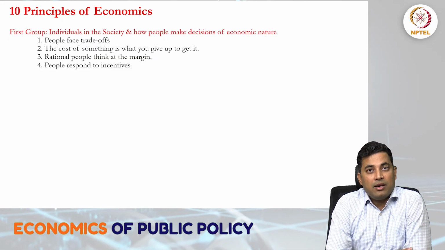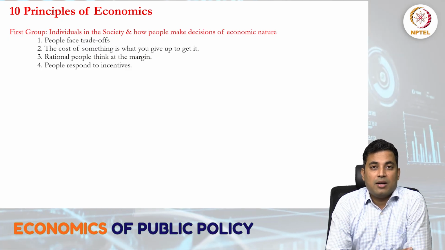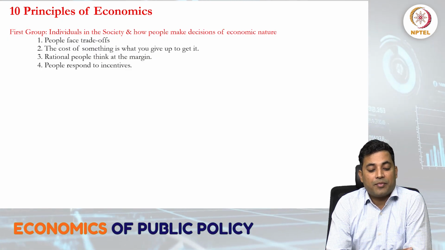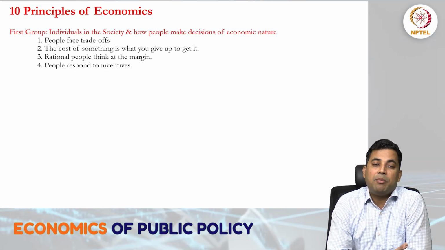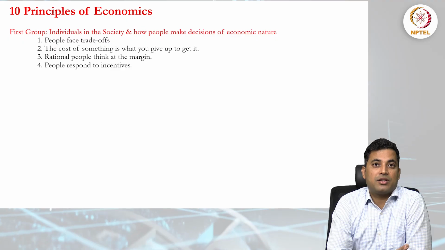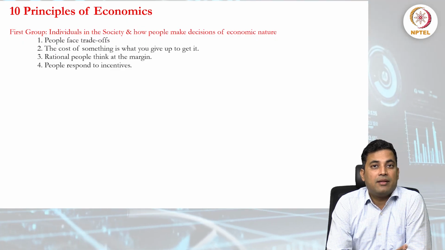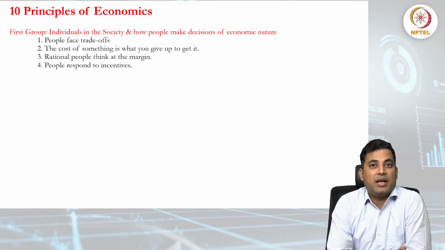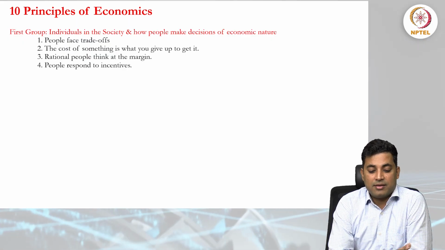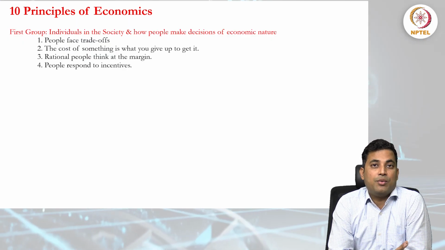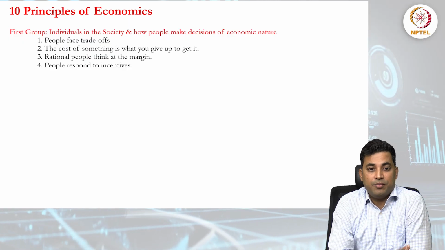Moving to principle 3, which talks about rationality, it is believed that in the market, or in economics, people are rational. Since people are rational, they make decisions and participate in the marketplace, and decide which goods and services to consume.